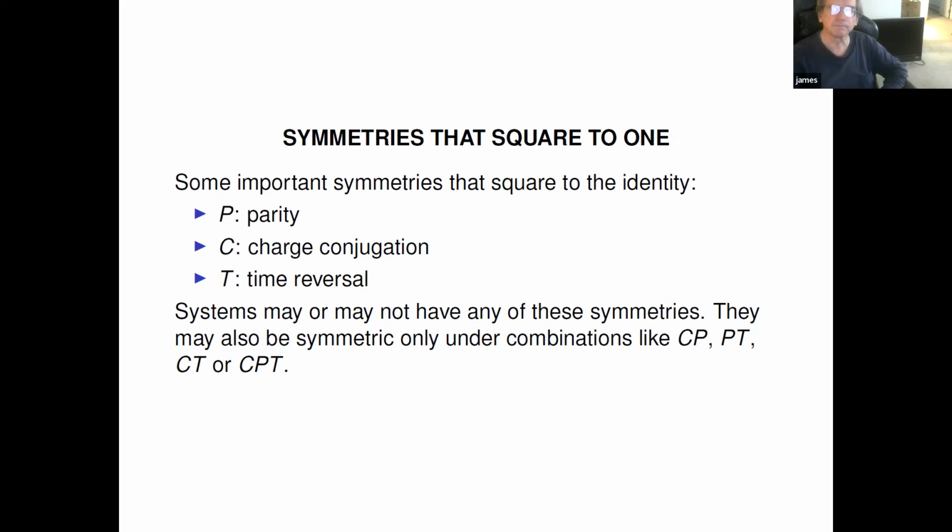It's also a Z mod 2 by Z mod 2 quotient group, and conveniently you can implement it as a subgroup. Charge conjugation is different from those because it involves some concept of particles and antiparticles or electric charge.